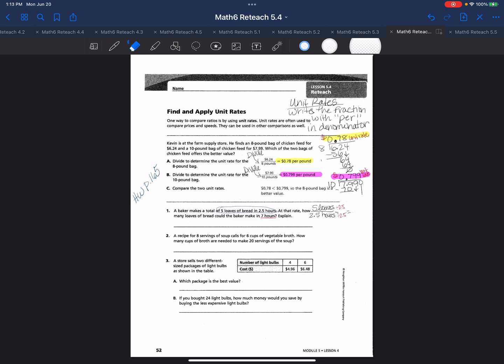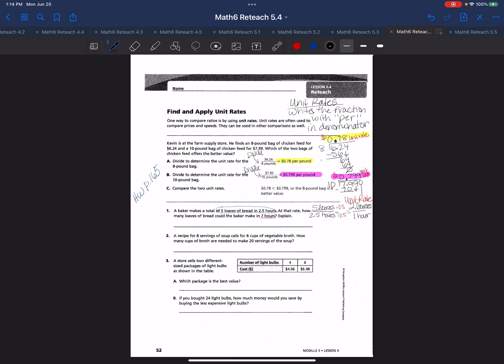So if I have 2.5 hours divided by 2.5, I would get 1 hour. And if I get 5 loaves divided by 2.5, I would get 2 loaves. So that becomes my unit rate because it's out of 1. So this baker can bake 2 loaves per every hour, 2 loaves per hour.